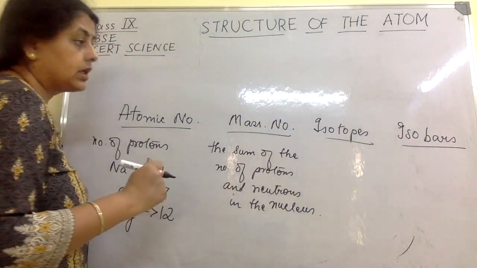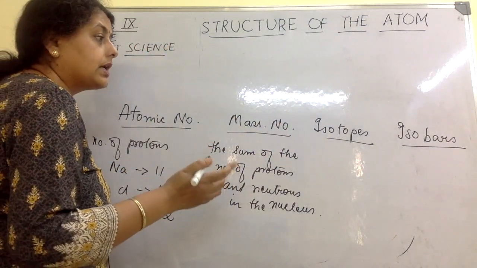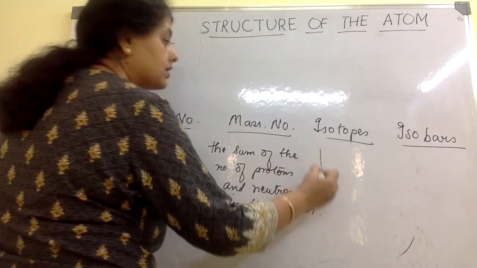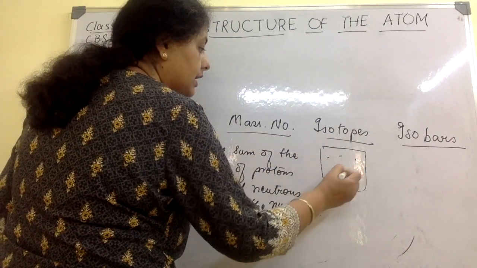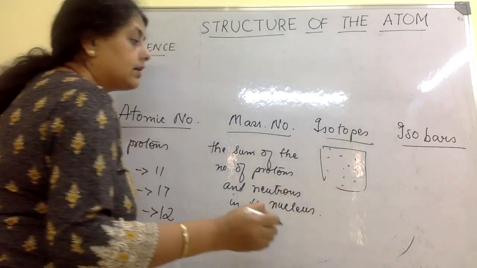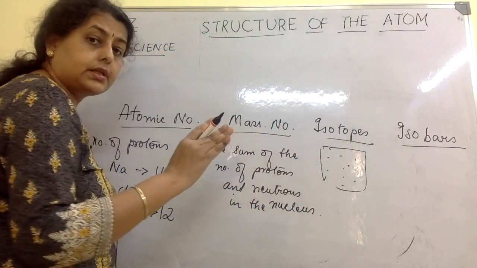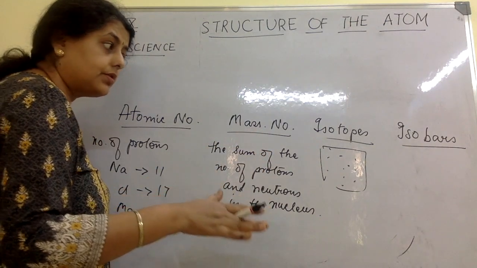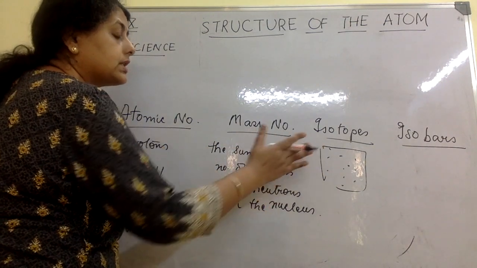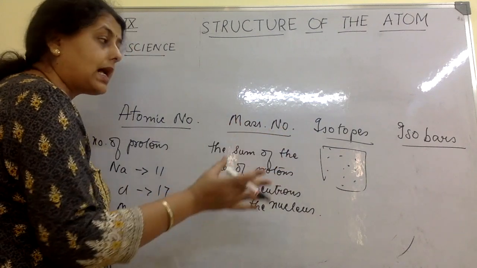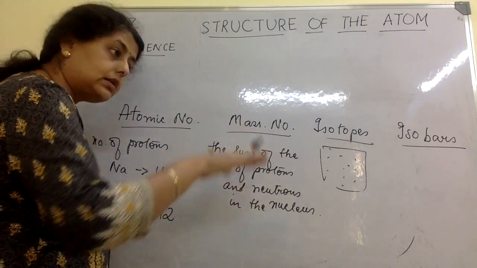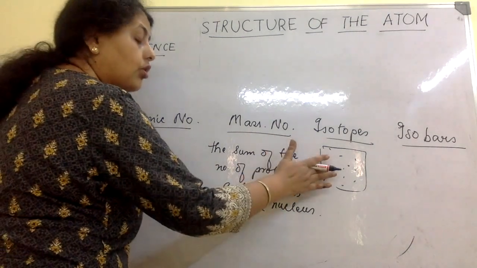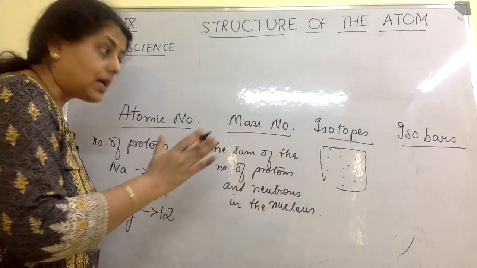Isotopes. Now isotopes are different atoms. Now what happens is, sometimes supposing I have this many chlorine atoms, okay, or some carbon atoms. Few of the chlorine atoms have a different mass number, and let's say out of these a certain number has a different mass number and another number has a different mass number. Okay, so all of them don't have the same mass number.